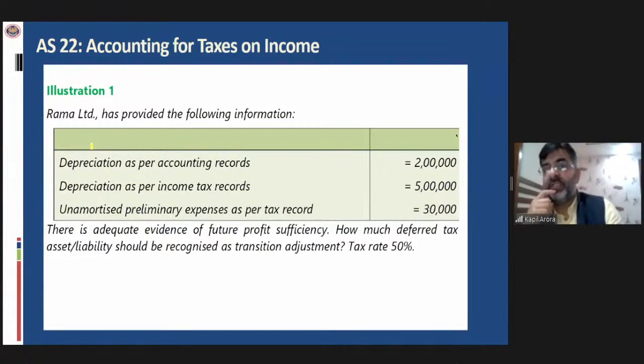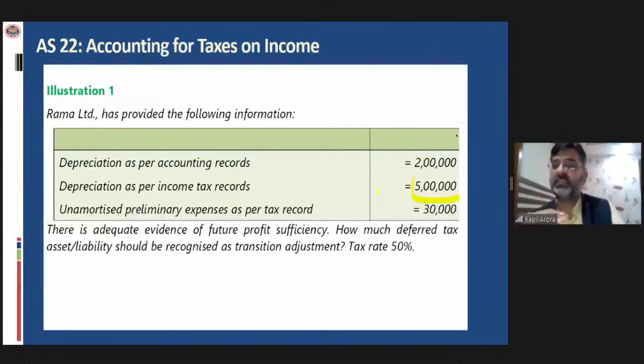Will it be a liability or will it be an asset? So in this case, because the tax department has already allowed me a higher depreciation, what does it reflect?